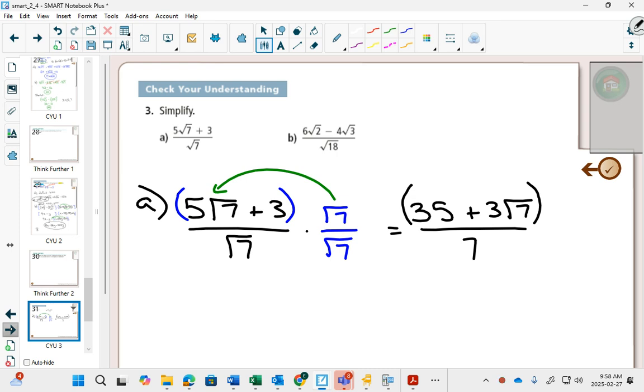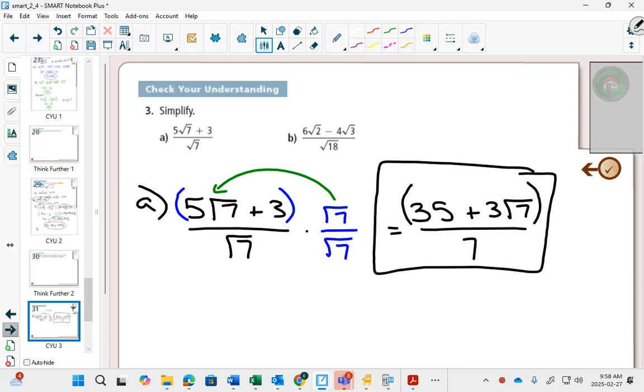So if you're adding on the top, unless there's an identical factor that's adding on the bottom, we cannot simplify this at all. You can only simplify if you're multiplying on the top. And so this is simplified.